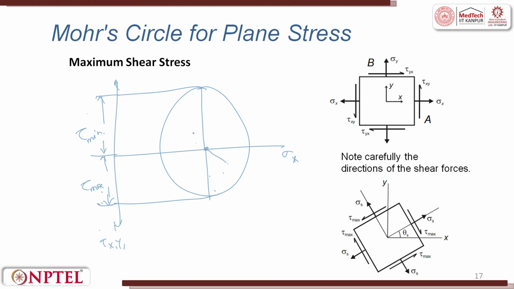Along the points we have A, B, so theta equal to 0, theta equal to 90, and this one is called 2 theta s. This is point C, and then you have sigma s here.